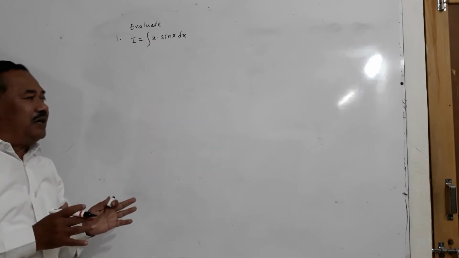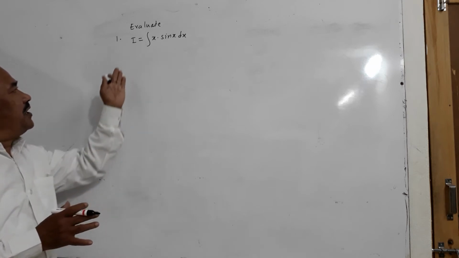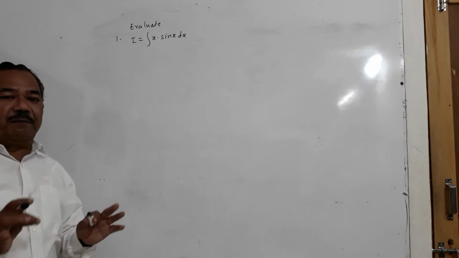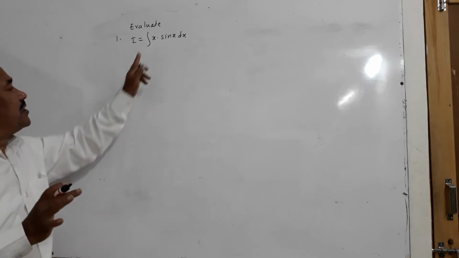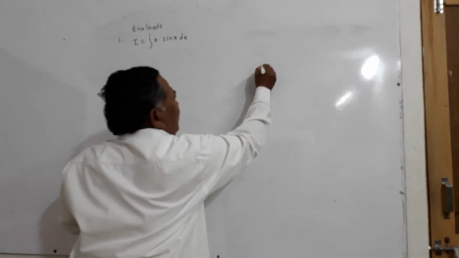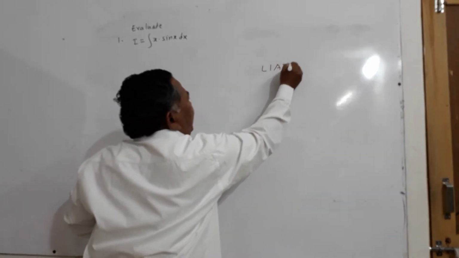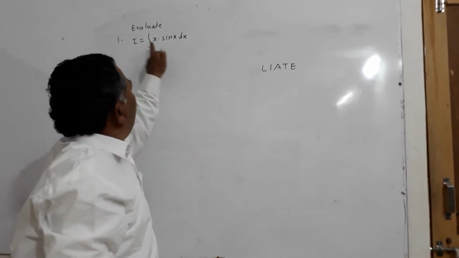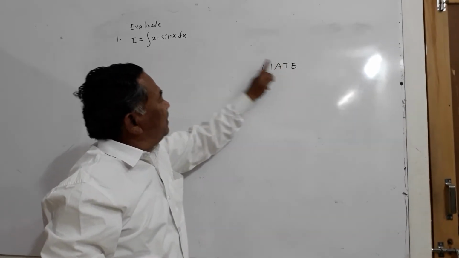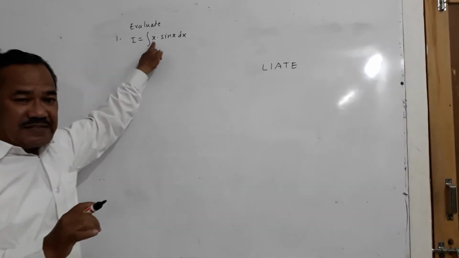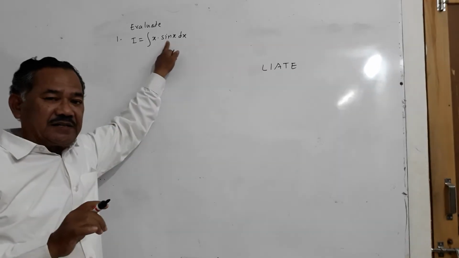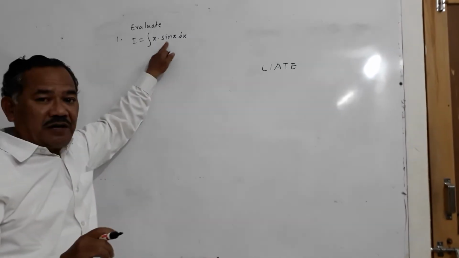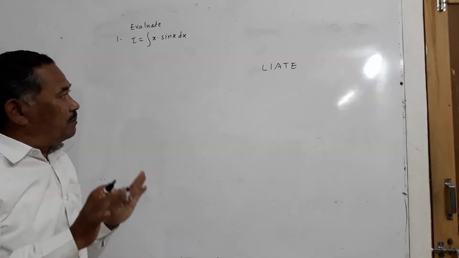If this type of example is present, function in integral is present, at that time we apply by parts. Remember, just we discussed here. Therefore, this terminology we use: L, I, A, T, E. Therefore, which is first? Algebraic first and then trigonometric. Therefore, first function as x and second function as sin x. Therefore, this is our u, this is our v.